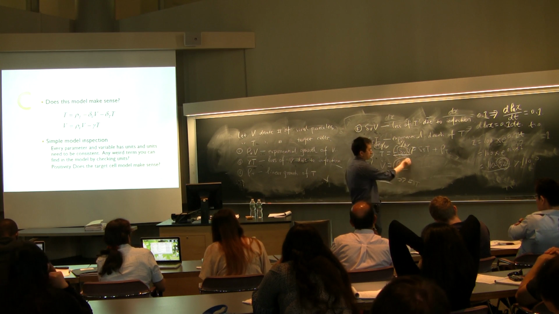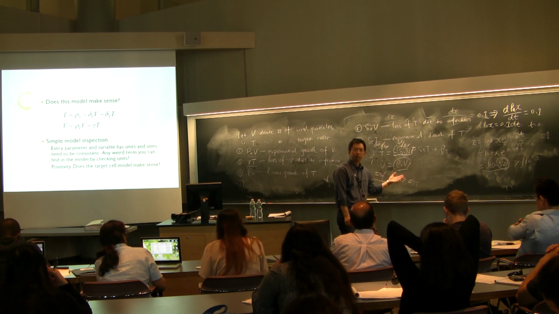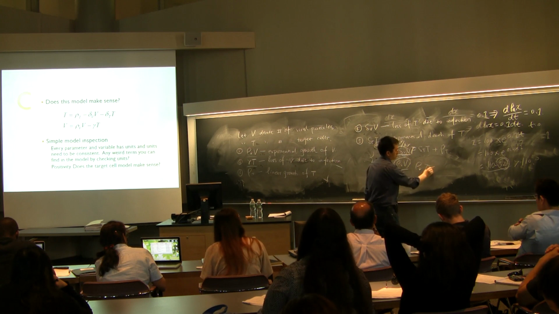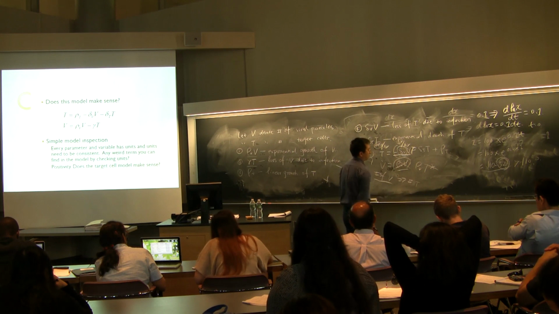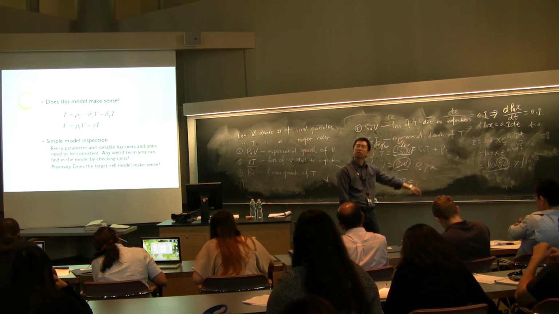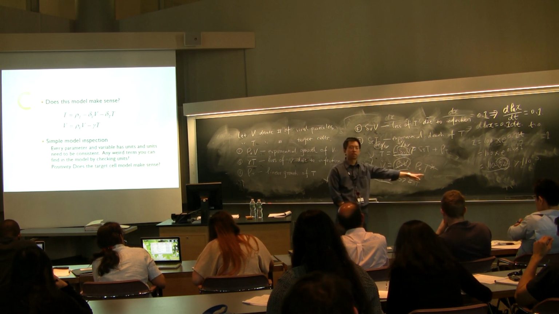So the production of virus does not come from the virus particle itself. It actually comes from what? Infected cells. So instead of putting rho V here, I'm going to put rho V multiplied by infected cells. That's the right biology. This is not a unit problem, it's just a biology problem.